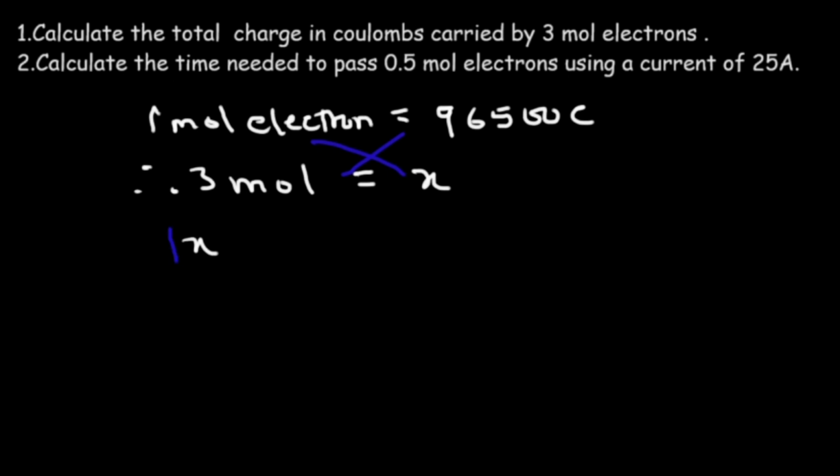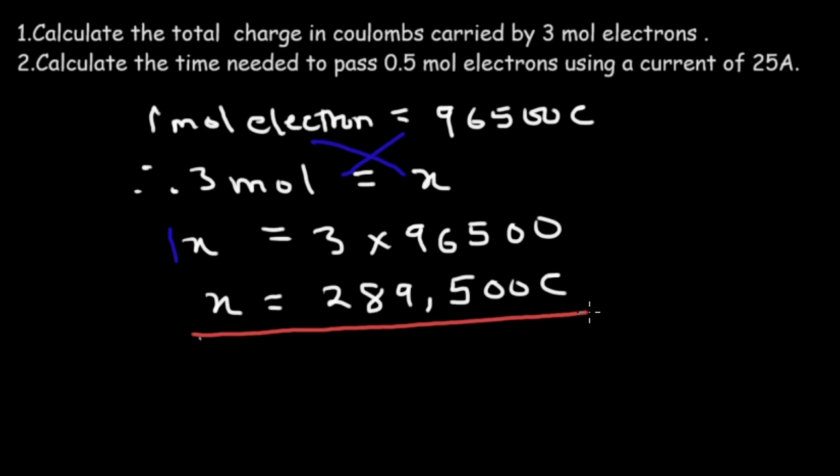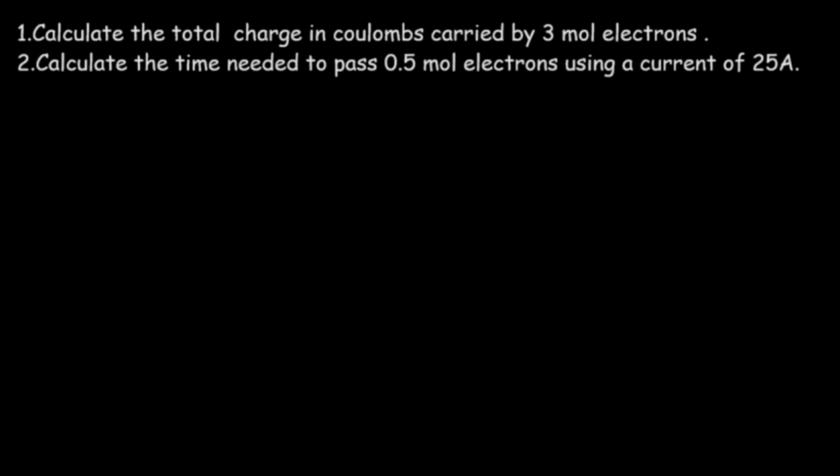So we obtain x being equal to 3 times 96,500 coulomb. Therefore, x is 289,500 coulomb. So this is the charge carried by 3 mole electrons, right? It contains 3 times the charge carried by 1 mole electron.